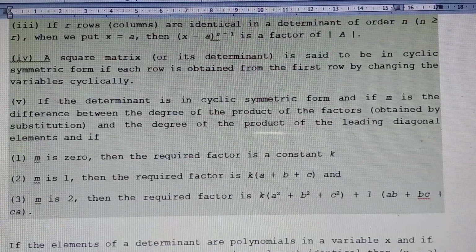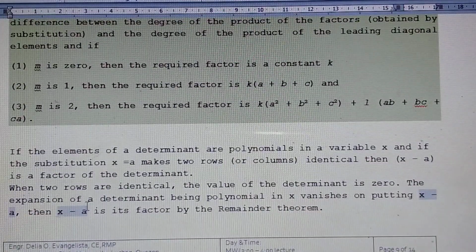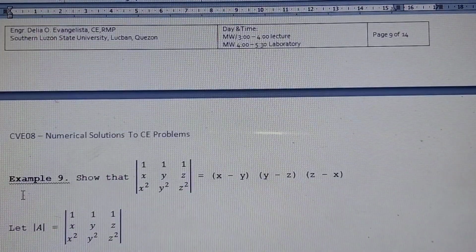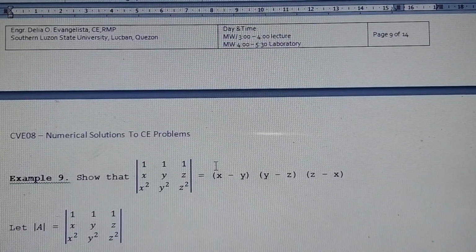So, let us discuss one example. Example 9: show that ito daw na determinant na to ay equivalent nung ito. Tawag dito ay RHS, right hand side, and left hand side ay equal.